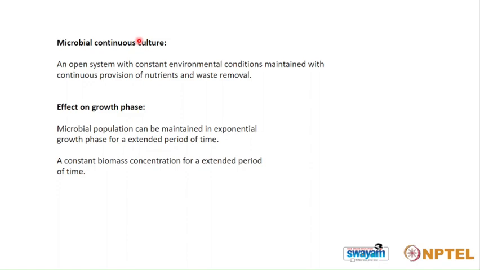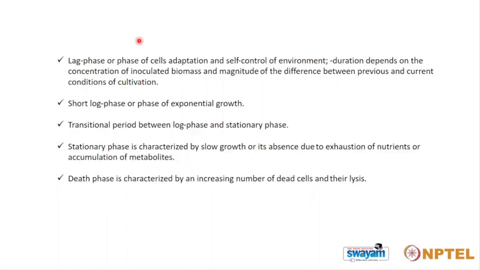So what is the effect of continuous culture on the growth phase? The microbial population can be maintained in the exponential phase. Since we are supplying the nutrients continuously, the microbial population can be maintained in the exponential phase for a longer period of time. Only if the nutrients are exhausted can the microbes enter the stationary phase.